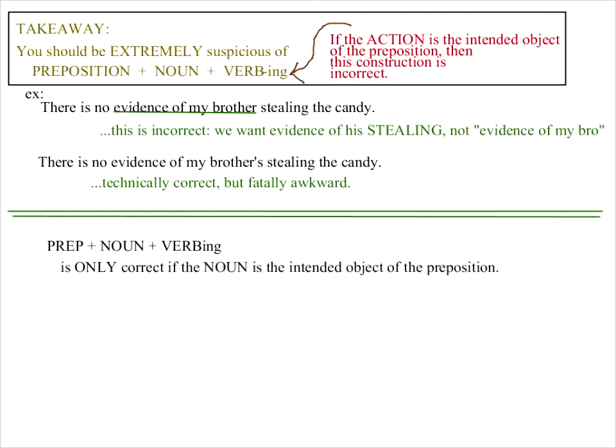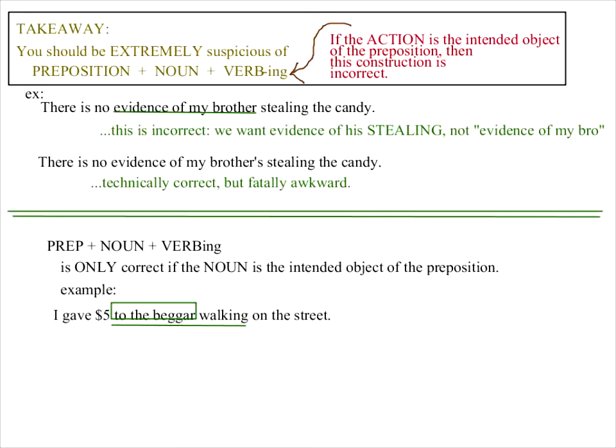Okay, here's an example of this. I gave $5 to the beggar walking on the street. Okay, in this case, this actually works because this really is "to the beggar."